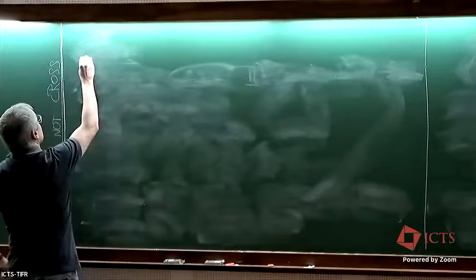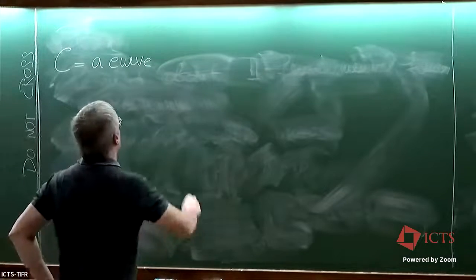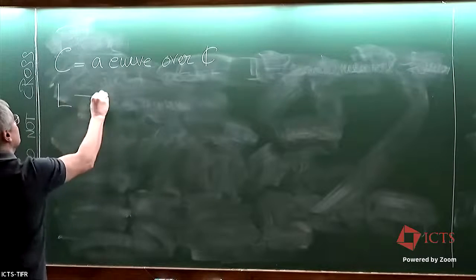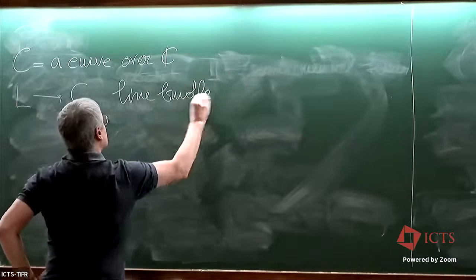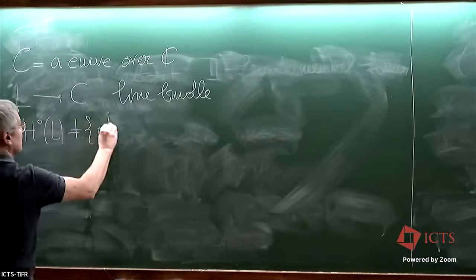Okay, so this is the second fundamental form, and now let's go to Hodge-Gaussian maps. So here we start a little bit more general. Let C be a smooth, complete curve over C, and fix a line bundle. And we assume that it has some sections, otherwise it's trivial.